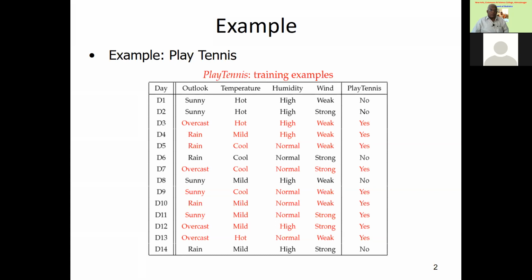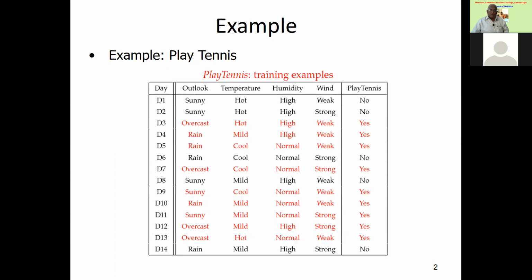Outlook means how is that day? That day is sunny, that day is overcast, that day is rainy. So outlook of that day is a feature of that day. Temperature: hot temperature, mild temperature, cool temperature. This is the feature of that day.